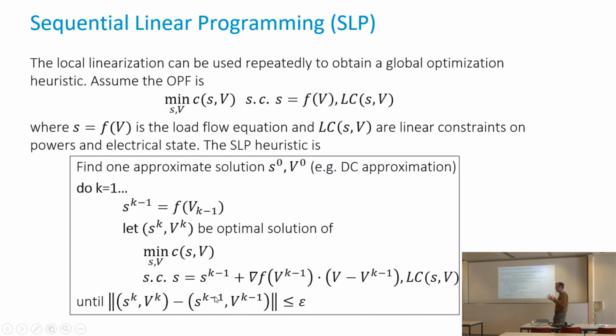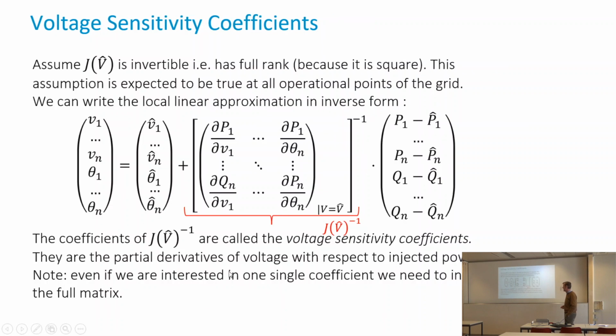If you solve a big grid problem and you have no good initial point, this may not converge. But if you start from a modest grid problem and you have a good initial guess, the practice shows that this will converge. So you will be able to experiment this in the lab here.